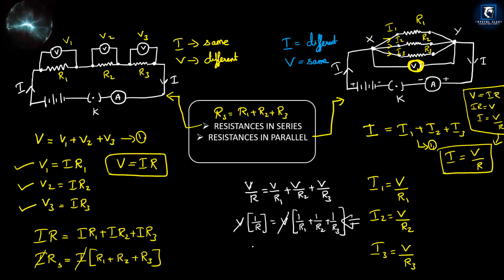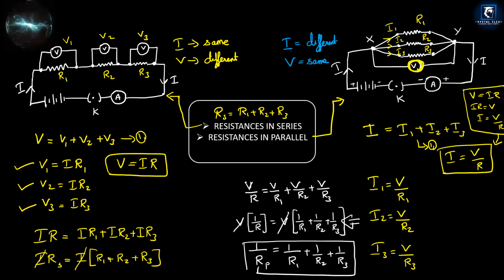And this V we can cancel. 1 by R resistor in parallel is equal to 1 by R1 plus 1 by R2 plus 1 by R3. Got it? So the same thing we got, R S is equal to R1 plus R2 plus R3, right? This is star in series.